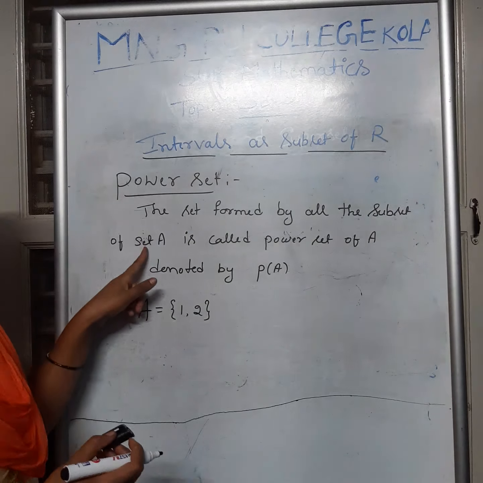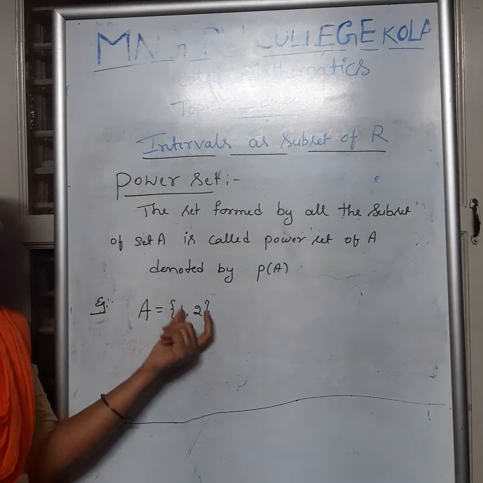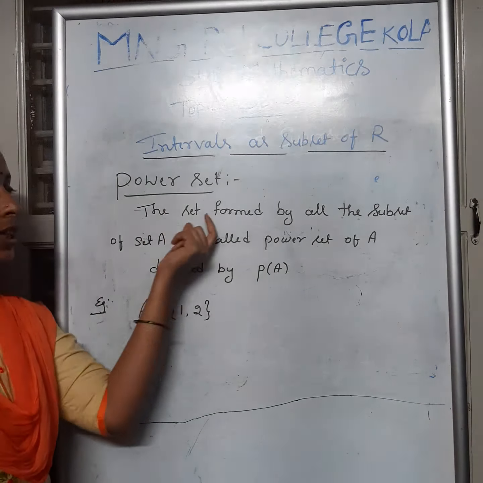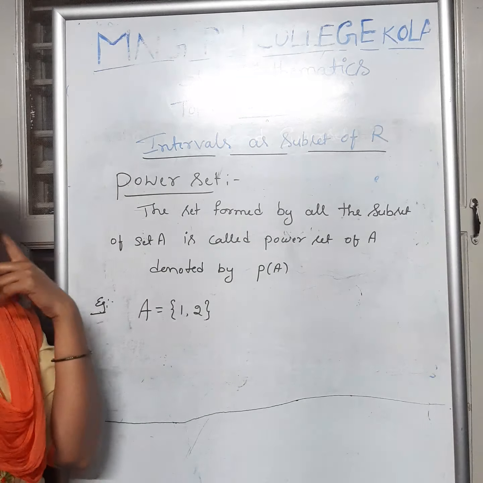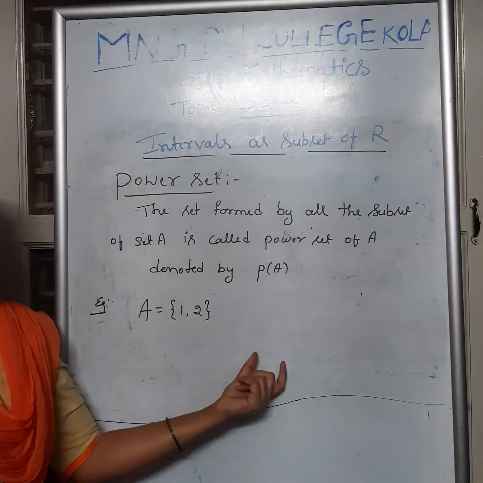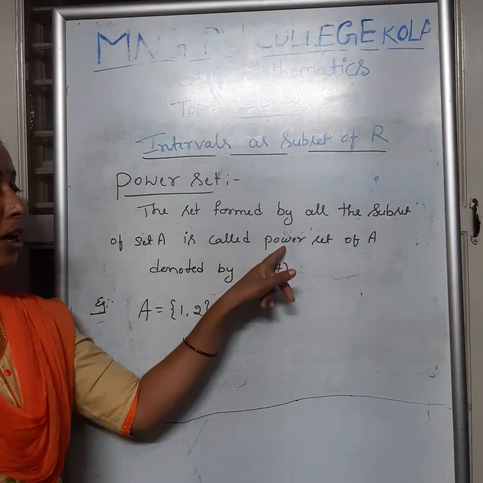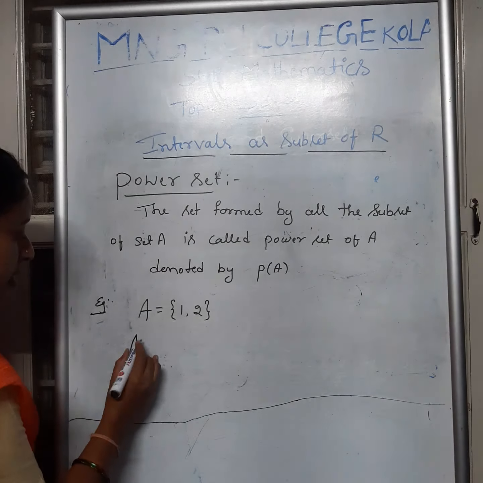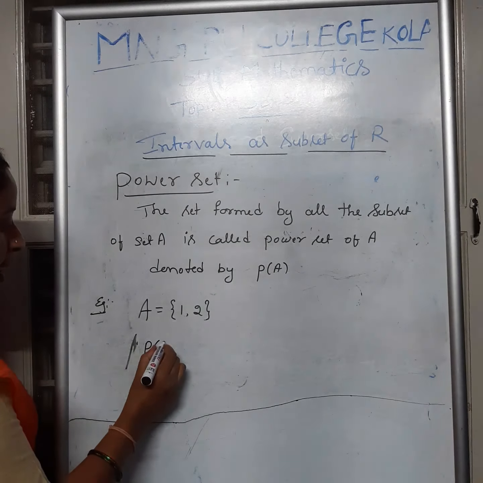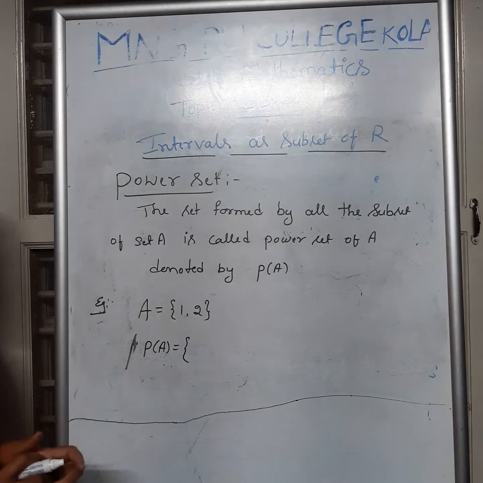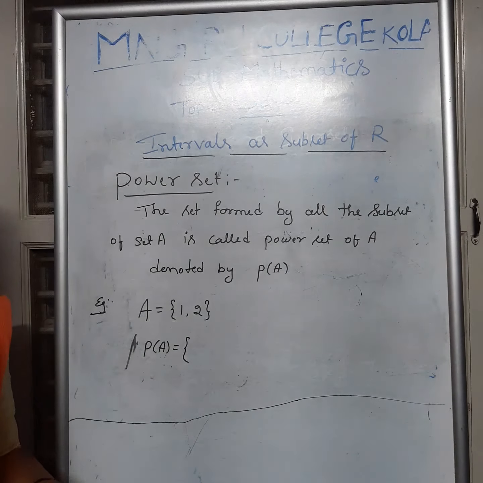So this is the set A. The set formed by all its subsets is the power set of A, denoted by P of A. To form the subsets, in every set we consider phi.